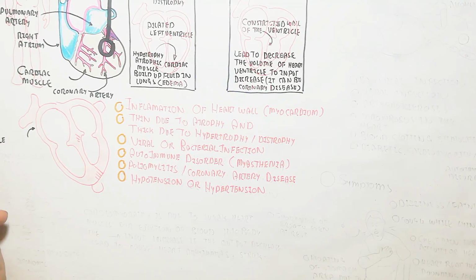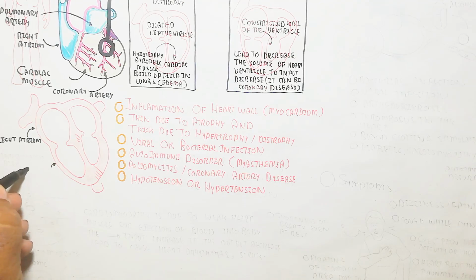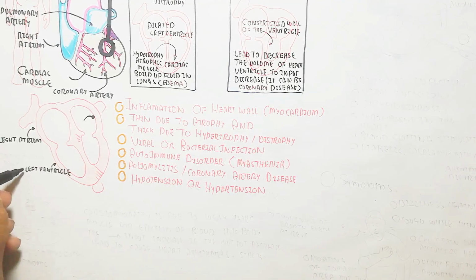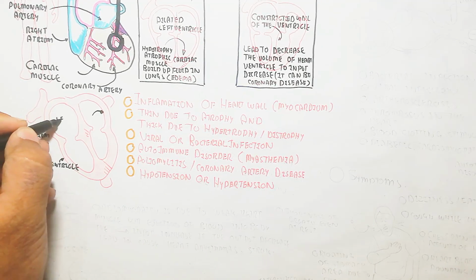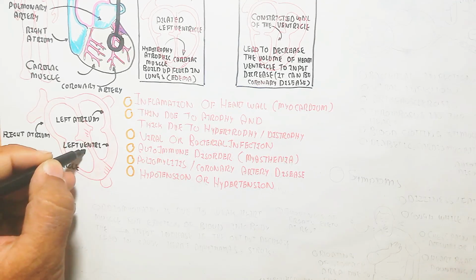Here are the left and right atrium and left and right ventricle. The left ventricle is more thick compared to the right, and its thickness is due to the ejection of the blood, as more contraction leads to ejecting the blood throughout the body.